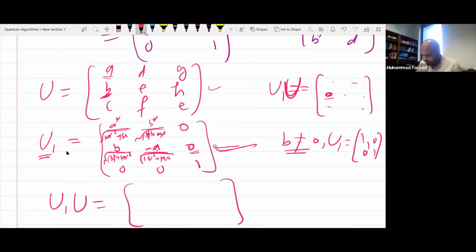U1 is coming first, so A star, B star, 0 gets multiplied with A, B, and C. So A star into A plus B star into B will give us A mod square plus B mod square. And we have the square root at the bottom.